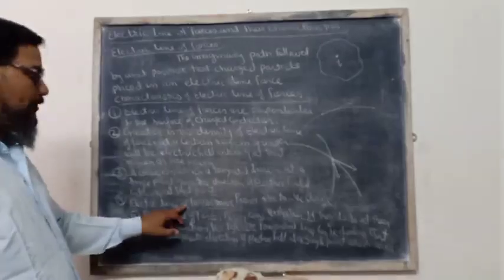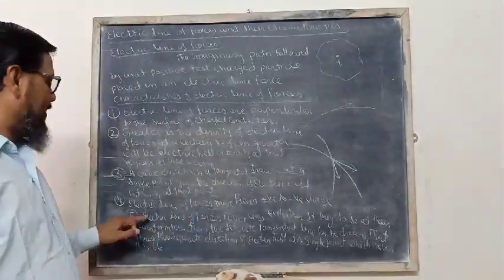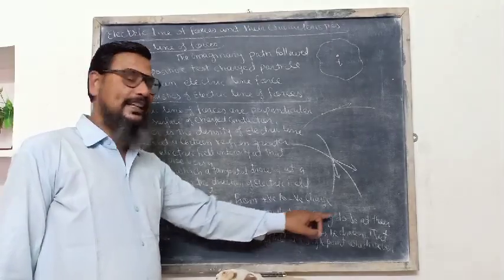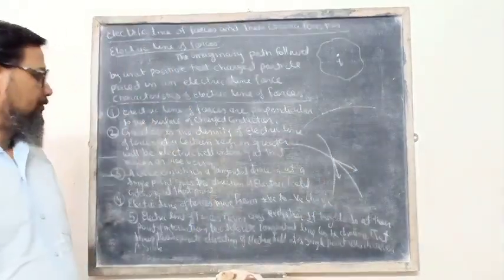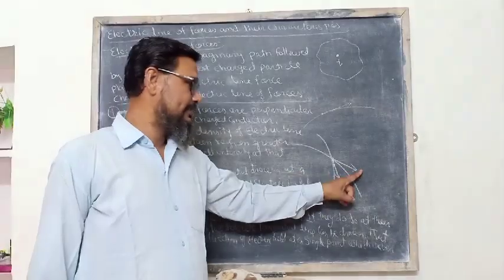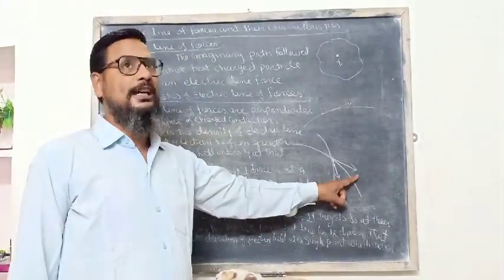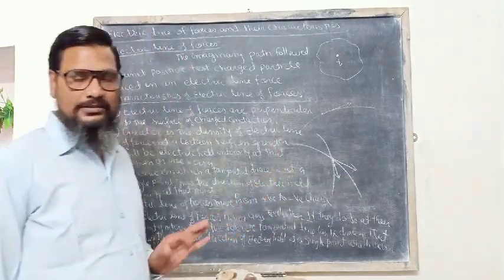And electric lines of force always move from positive to negative charge, and never cross each other. If they do so, at their point of intersection two separate tangential lines can be drawn that show two separate directions of electric field at a single point, which is never possible.